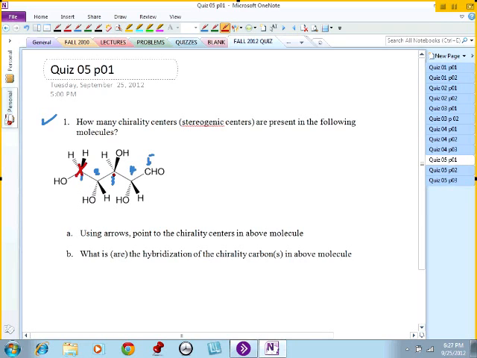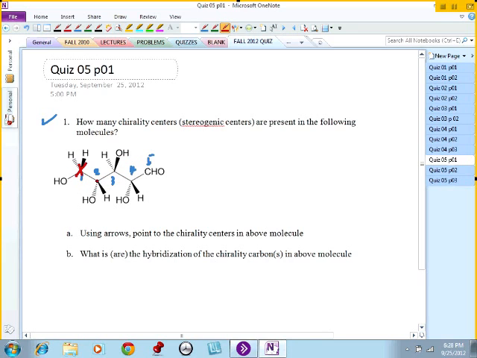Okay? In this case, this carbon is different from this carbon. So carbon number 2 is attached to this carbon, right, which is attached to a hydroxy group. So that makes it different from this carbon.